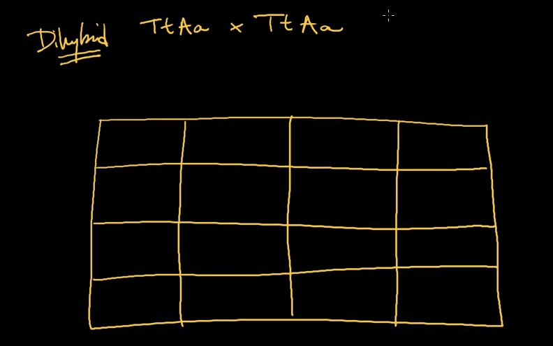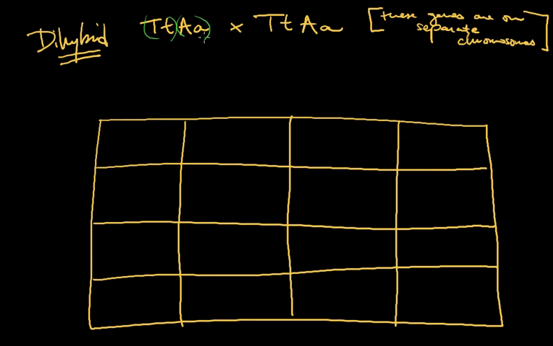There's an assumption that's made in these kinds of crosses, and that is that these genes are on separate chromosomes, and that's not always the case. Many times the genes are on the same chromosome, so it doesn't get all the combinations. But what we do is basically FOIL, imagine parentheses.